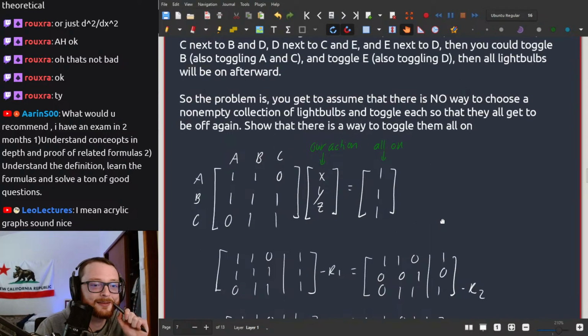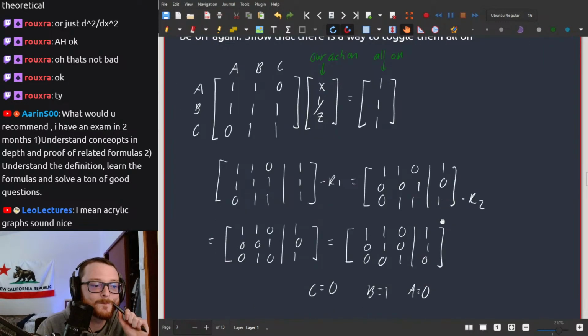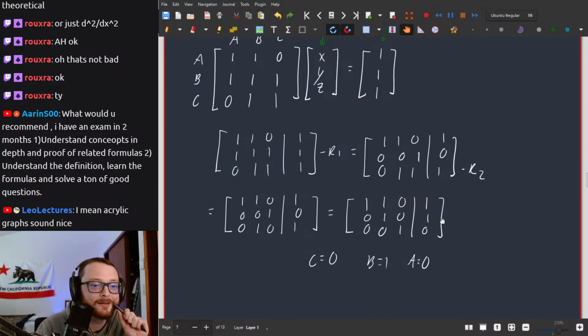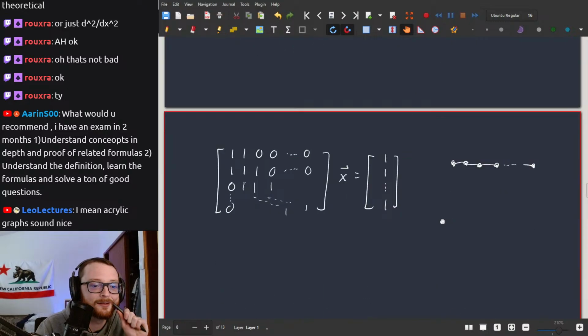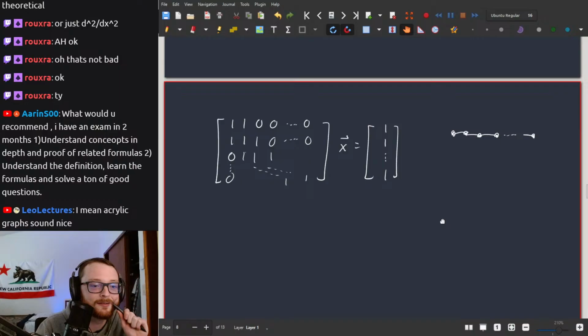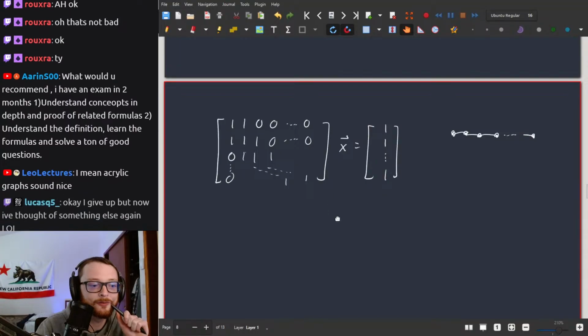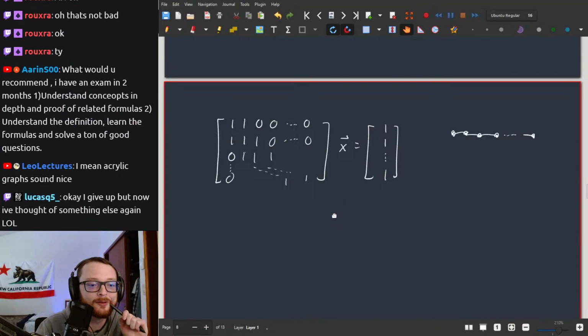So yeah, I guess with this problem I'm just kind of stuck now because we need to be able to describe how this arbitrary matrix of 0 and 1 should look.